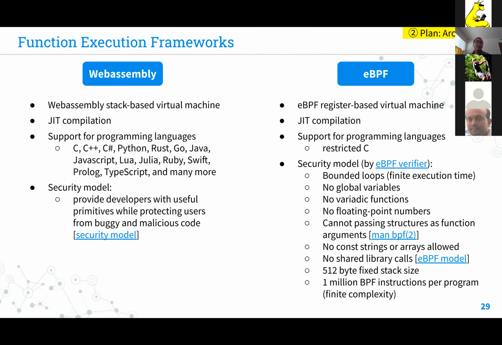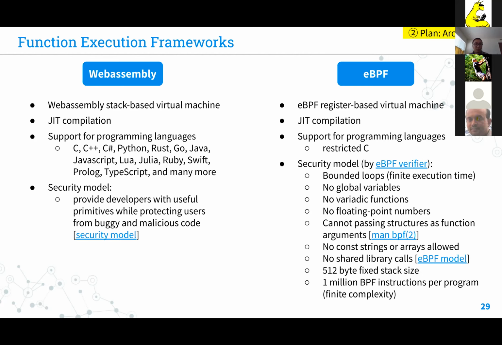On the other hand, WebAssembly is much more convenient and much more flexible in terms of what kind of programming languages you can use to write the source code. It supports C, C++, C#, Python, and many more, and this list is still growing.